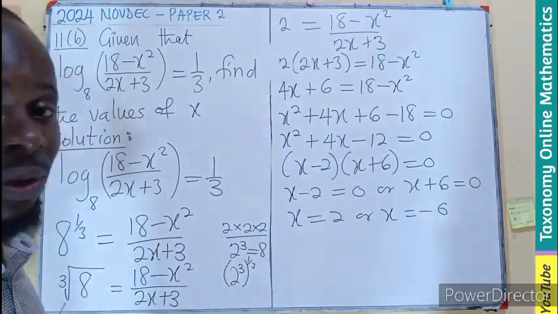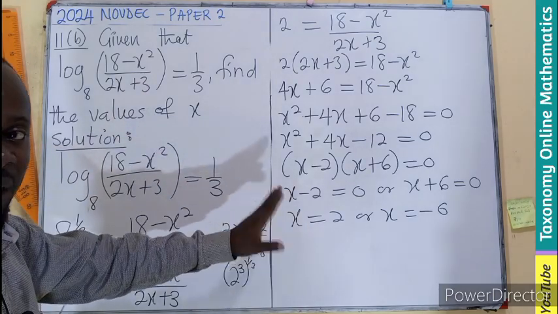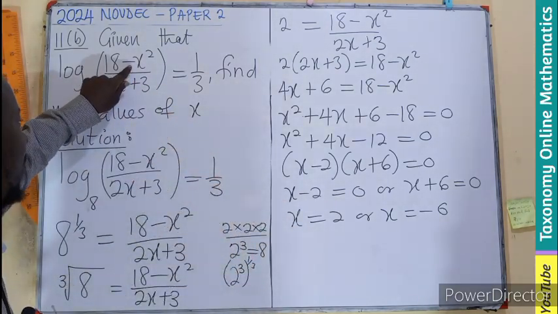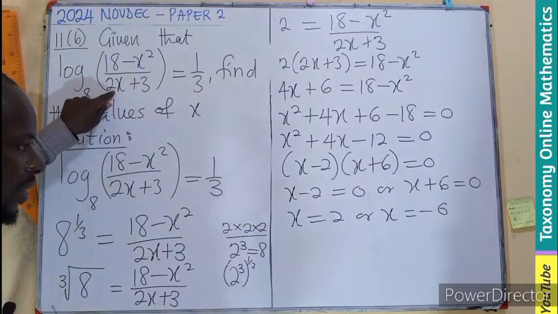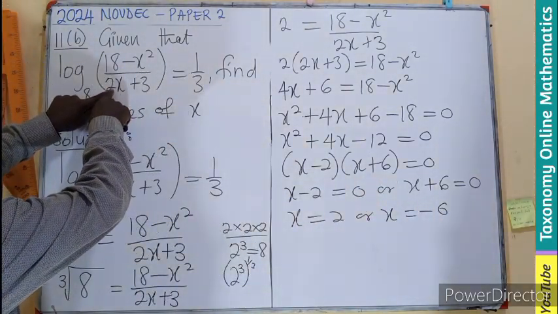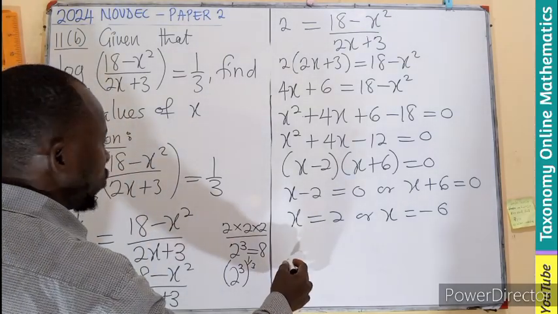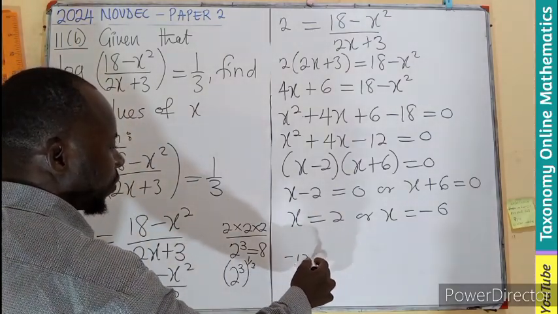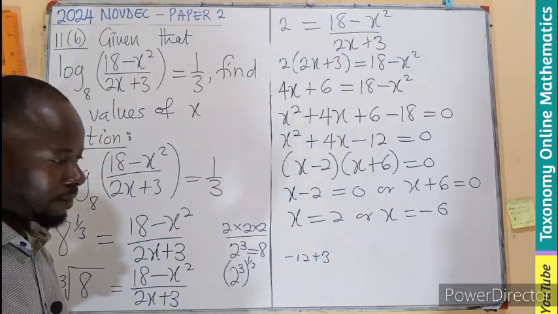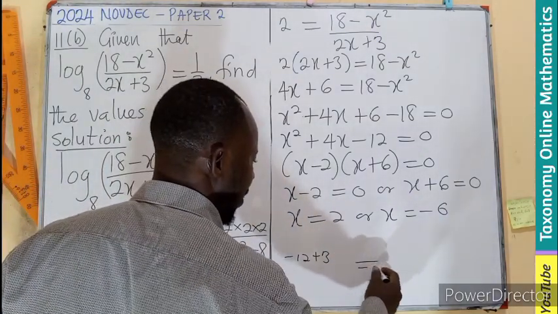We are looking for the value of x, right? So we have to check whether we put in the negative and the positive, and you have a positive answer. So let's say I am having negative 6. If it is in the denominator, this is going to be 2 times negative 6, which will give you negative 12. Negative 12 plus 3 will give you negative 9, in the denominator.